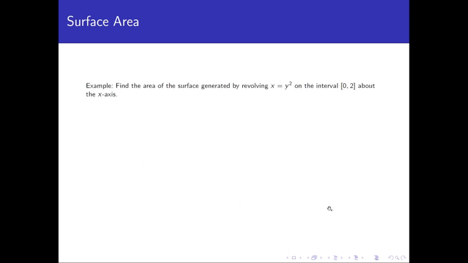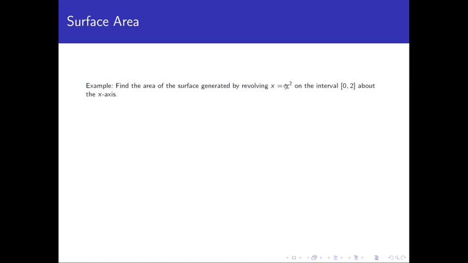So let's do an example here. Find the area of the surface generated by revolving x equals y squared on the interval from 0 to 2 about the x-axis. We are given x as a function of y. If we're given a function of y, it's probably much easier to deal with everything in terms of y's, rather than having to solve for y in terms of x first.